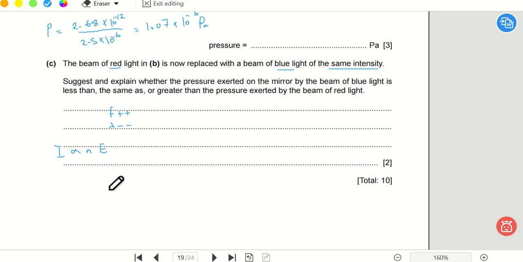Okay, so as frequency increases, energy decreases, and hence number of photons increases. State and explain why the pressure on the mirror by the beam is less than, same, or greater than the pressure of the red light beam.